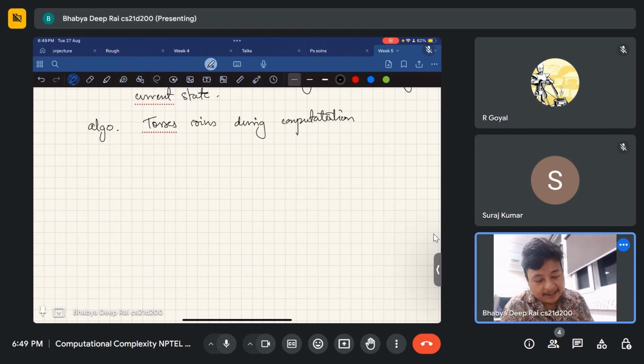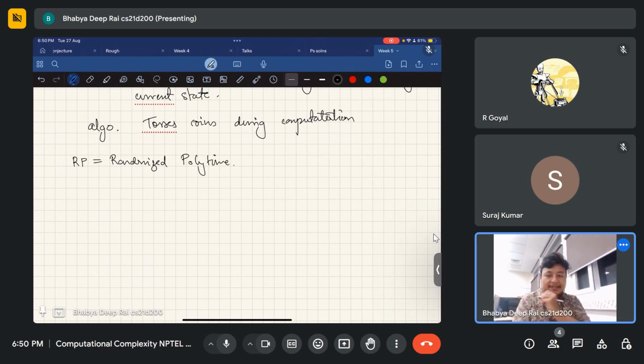In that light, let us talk about complexity classes. The first complexity class we would like to see is RP, which is called randomized polynomial time. These randomized algorithms take polynomial time, and the particular characteristic is that it has one-sided error.